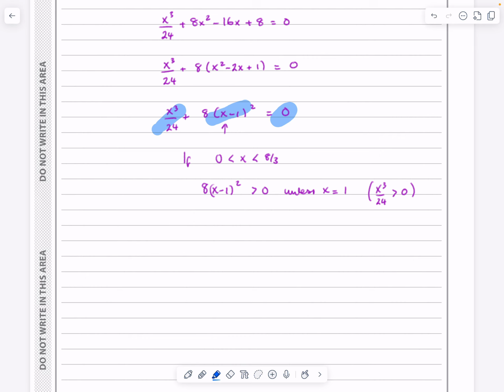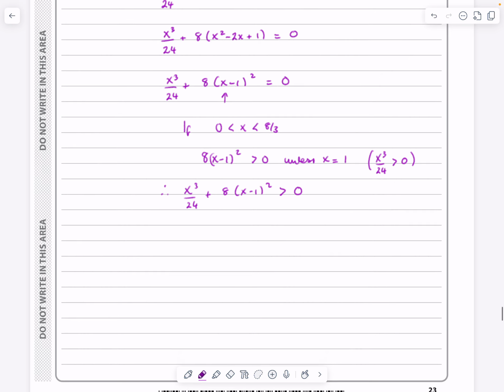The only time we wouldn't get that would be, obviously, x equal to 0, but that's not in my range, or x equals 1, but when x is equal to 1, this bit isn't 0. Therefore, x cubed over 24 plus 8 times x minus 1 all squared has to be greater than 0, which means there's a contradiction. Just have a look at that.